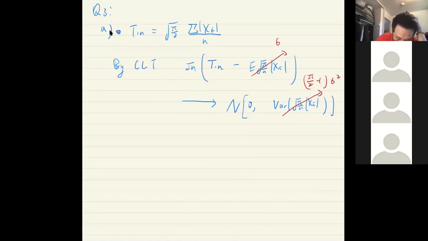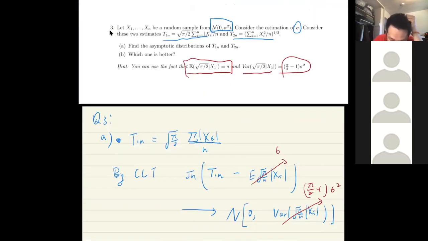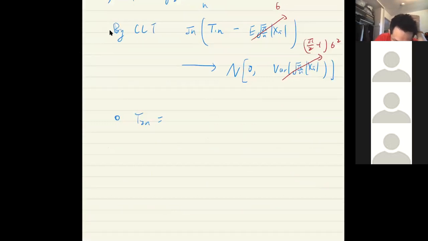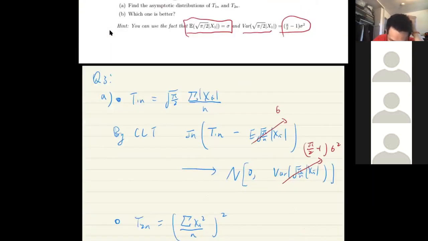This first part. The second part is T2n. So for T2n, we have to use the delta method. So this is equal to n squared.